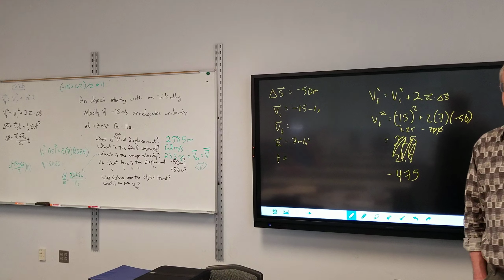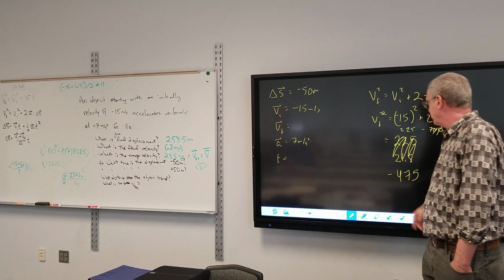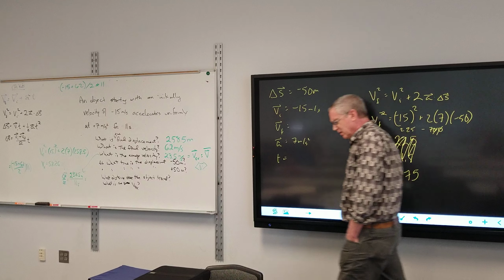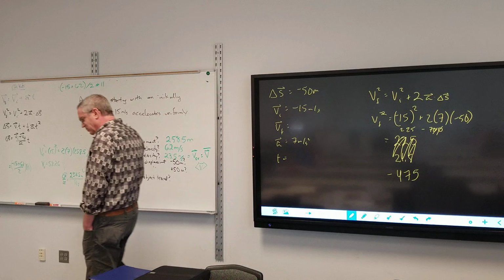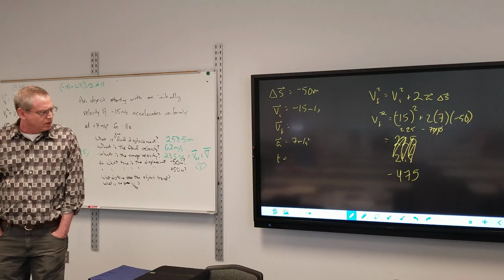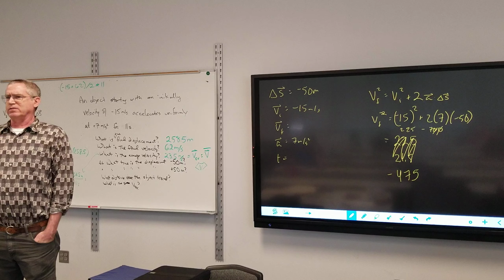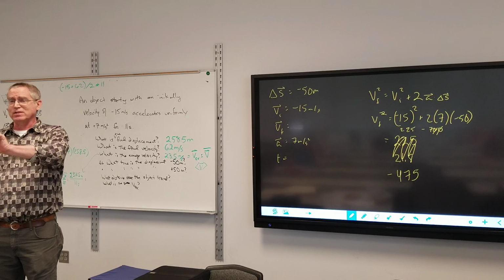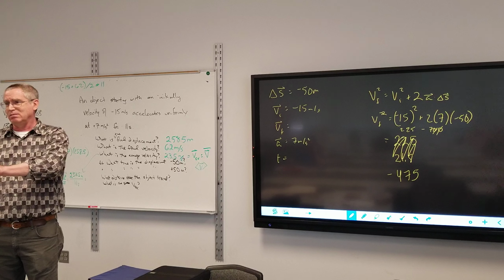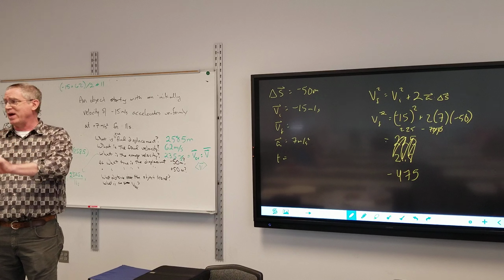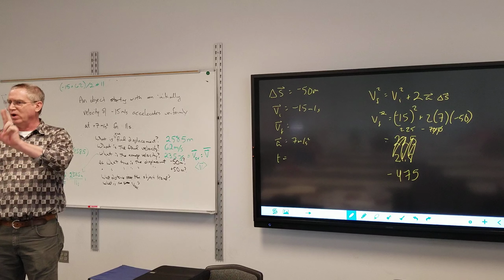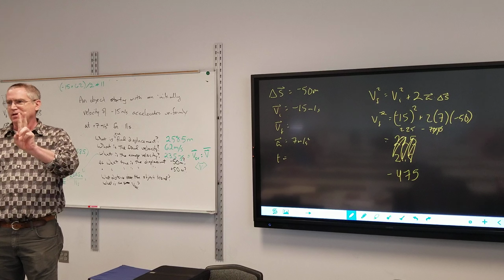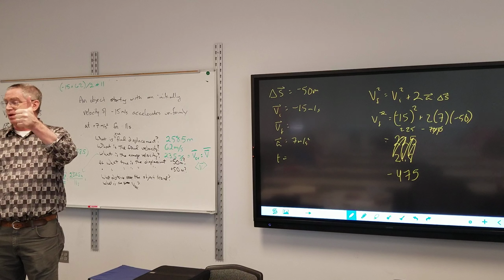So we got a negative answer there, and I was expecting that, that's why I was wondering about the 225. What does the negative answer there mean? Obviously if I took the square root, one thing you don't do is just get rid of the minus sign and keep going. You see the negative sign under the radical, you go, wait a second, it means one of two things. One, there's a mistake somewhere.